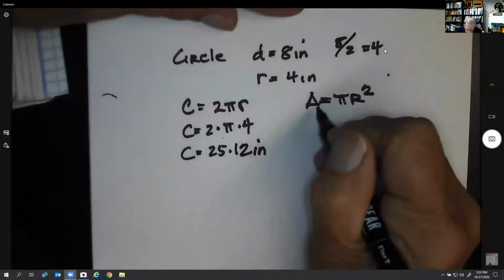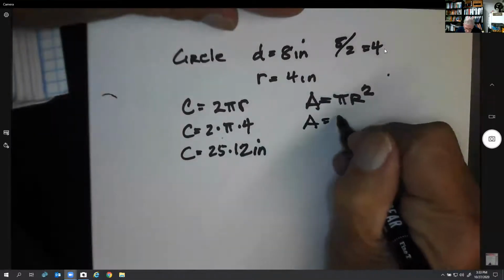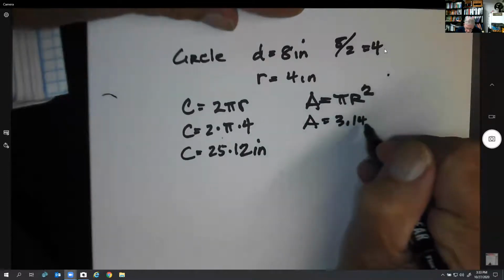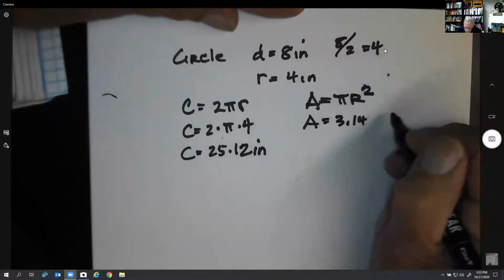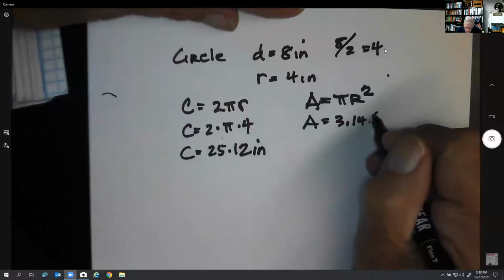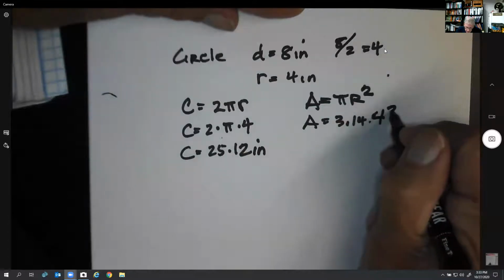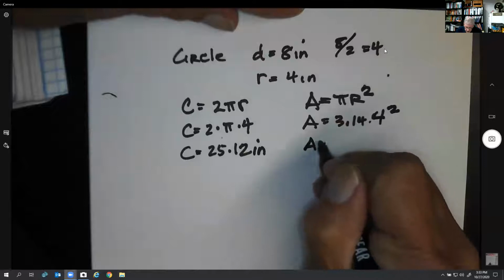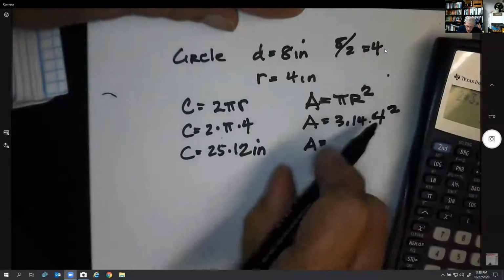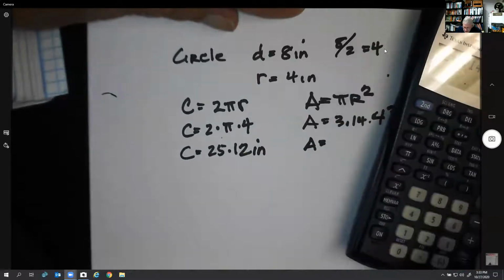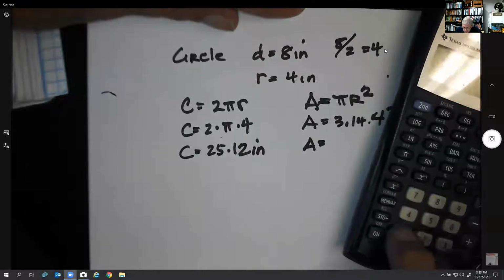Okay, area is pi, 3.14, times the radius, which we calculated to be 4, squared. So area equals, and we could square that right away. 4 times 4 is 16. So it's 3.14 times 16.